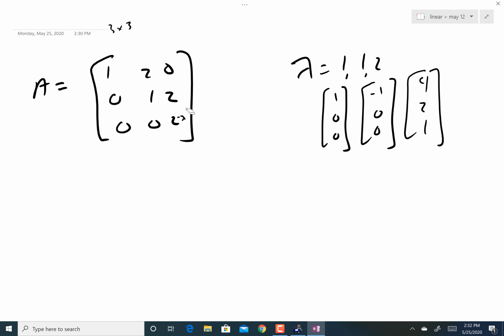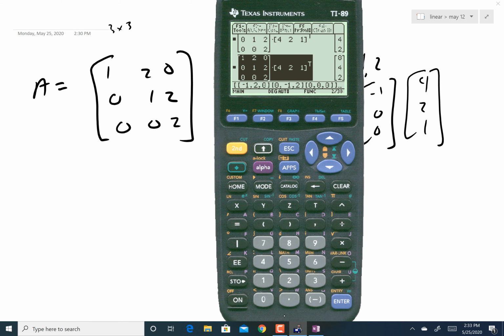We'll try something different here real quick. So let's start with the 3 by 3, with last row 0, 0, 2. Remember what happens when we multiply it by our eigenvectors? I'll pause. You have to watch me type it. Okay, so I've typed it in, and I multiplied it by the last eigenvector.